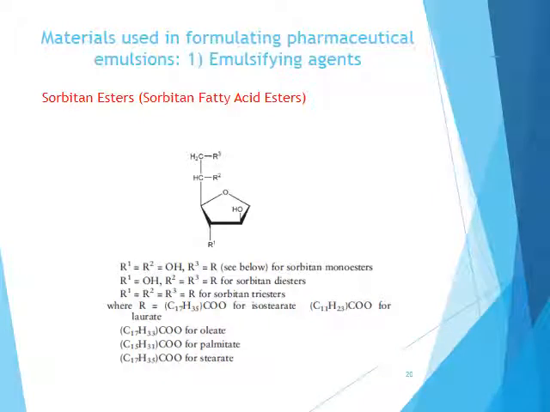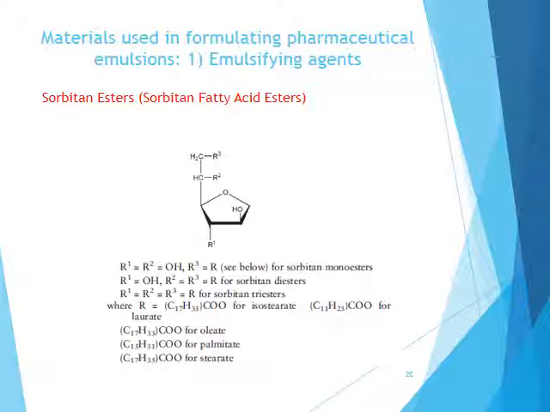This slide is showing another category of emulsifying agents. Here we have the sorbitan esters, sorbitan fatty acid esters. We call these kinds of emulsifying agents spans. This slide shows the structure of the spans with the different substitutions that give the different grades of spans.